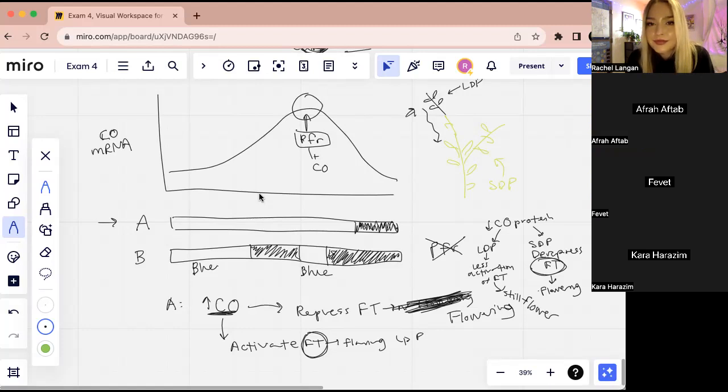Okay. So in that case, I guess the best adaptation would be for a plant to have both short day and long day plants grafted together, because that way, no matter what, it's going to get FT, right? I mean, it just depends on what the goal of the plant would be, because depending on where it is in the world, it could be advantageous to flower at different times.